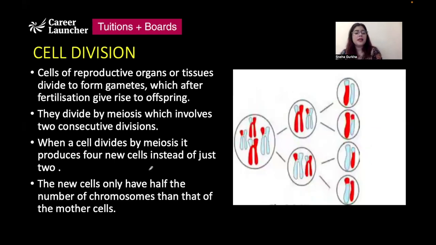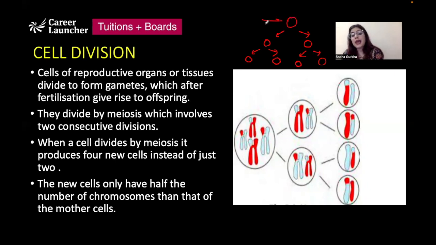The next type of cell division, which is found in reproductive tissues, cells of reproductive organs and tissues from which gametes are produced, that type of cell division is known as meiosis. Meiosis has two consecutive divisions, so in meiosis one cell divides twice, due to which we can get four daughter cells from one cell.